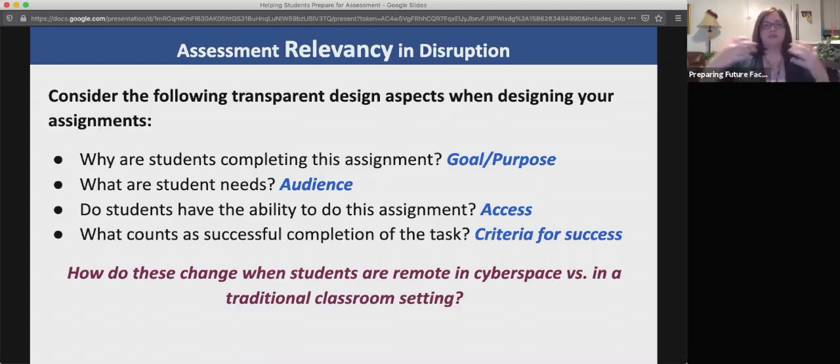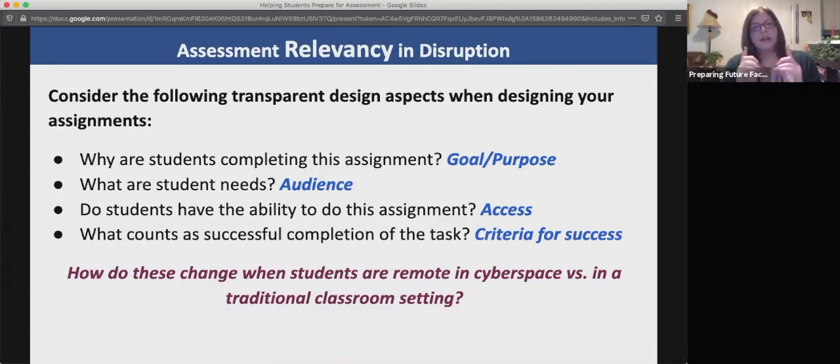Is it because you want them to analyze a certain problem? Maybe the goal is that you want them to look at how rhetoric in news media influences public perception of X subject. I think every assignment and every assessment should have a goal and purpose and should be intentional.